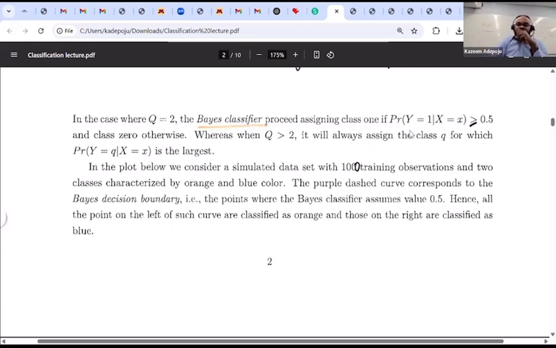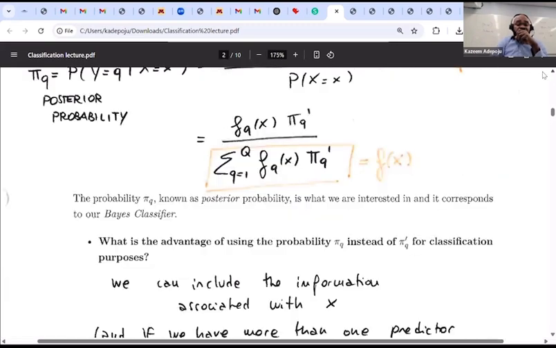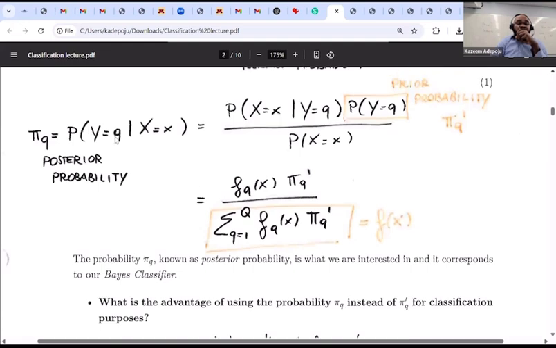If you take a look at this now, that's a posterior, right? If you come back here, what do you see? The probability of Y equal to q, okay? An observation being classified into class q, given that I've observed the predictor. Does that make sense?